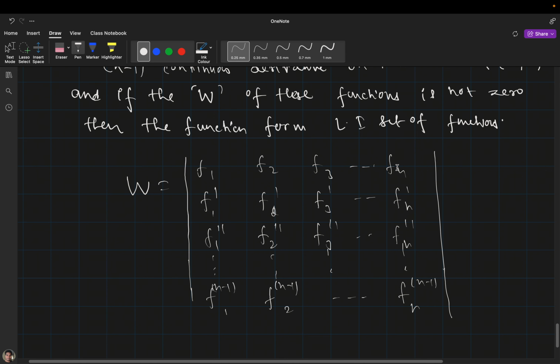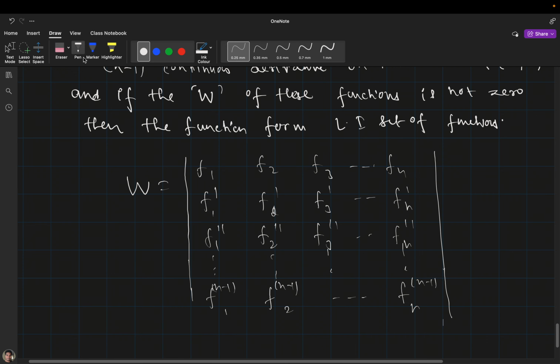The first row is all the functions, the second row is the first derivative, the third row is the second derivative. If you have n functions, then for a determinant it must be a square matrix, so the number of rows must equal the number of columns, which means the maximum derivative order is n minus 1.